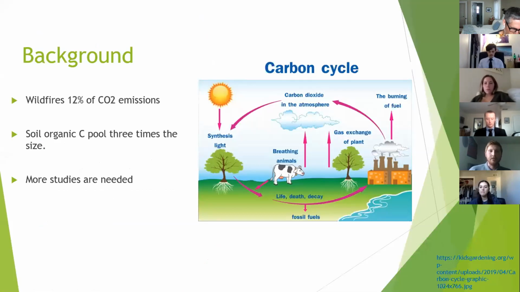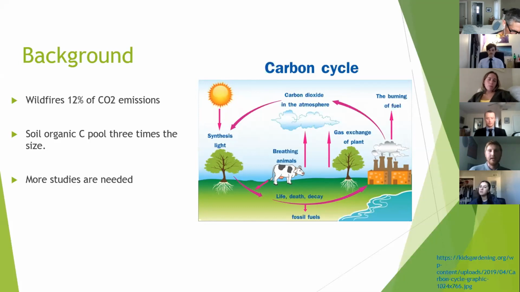All right, for a little bit of background, I'll be going through just how important the carbon cycle is, as forest fires play a substantial role in the global carbon cycle as a whole, with forest loss and degradation due to fire accounting for an estimated 12% of total CO2 emissions around the world, while 12% is recorded of above ground emissions.